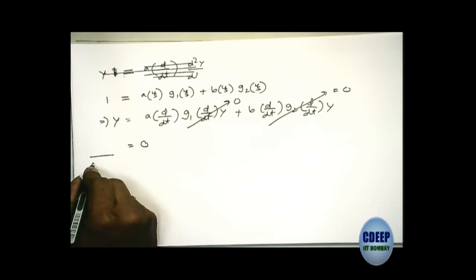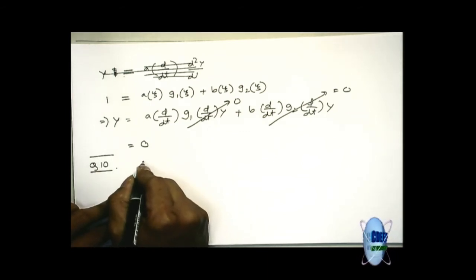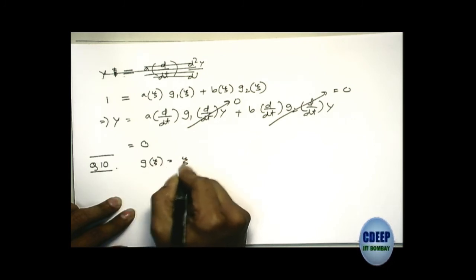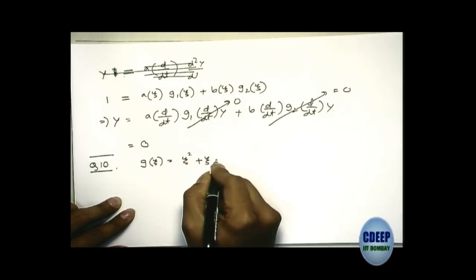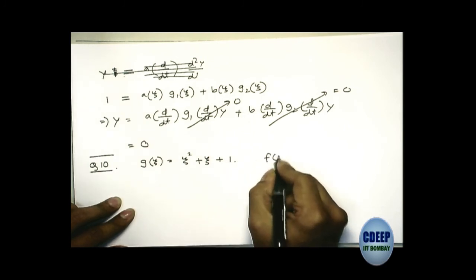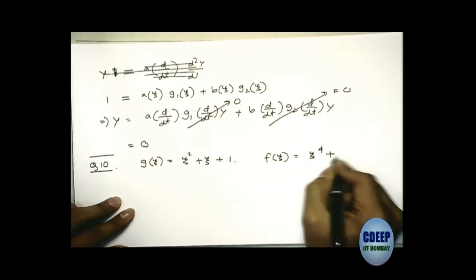Okay, so the problem is very simple. We are given a polynomial g(xi) = xi squared plus xi plus 1, and we are given another polynomial f(xi) which is equal to, let us say, xi to the power 4 plus 1.